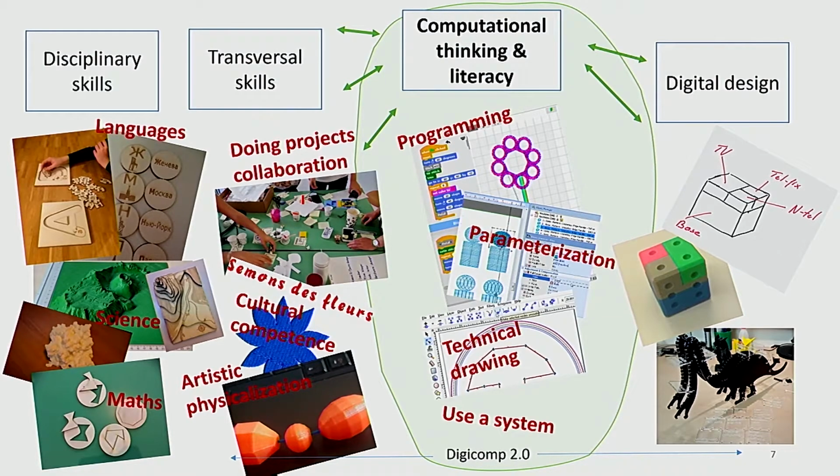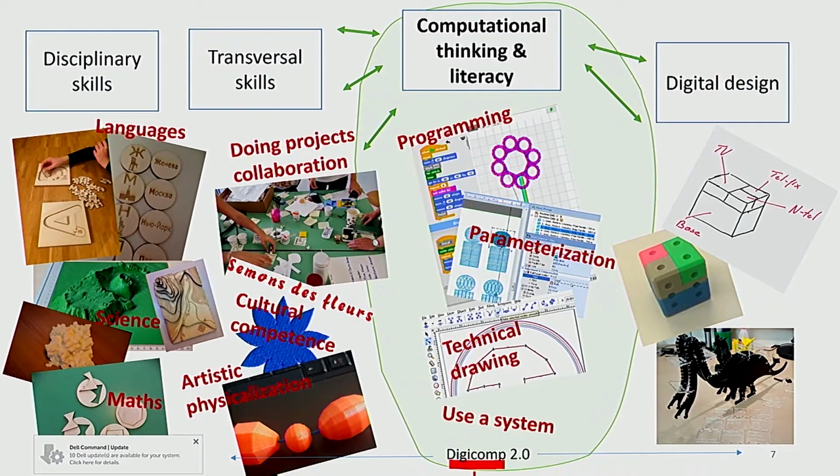You can teach transversal skills. Some other speakers mentioned that. For instance, you can teach students how to do projects, how to collaborate, how to acquire cultural competence, how to do physicalization or whatever. So the goal there is that you use it as a medium for so-called 21st century skills. And I find it quite interesting. I don't know if you're aware of this DigiComp thing. That's the European standard for ICT literacy.